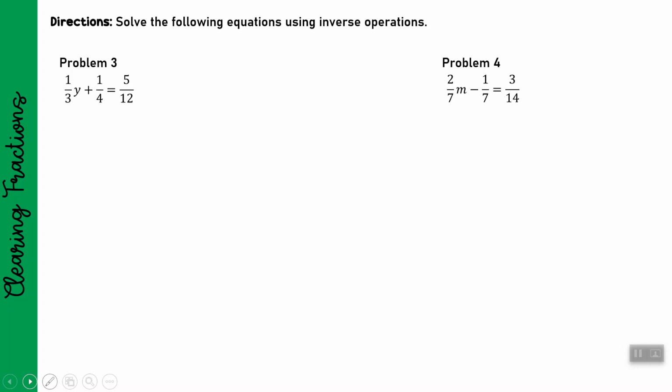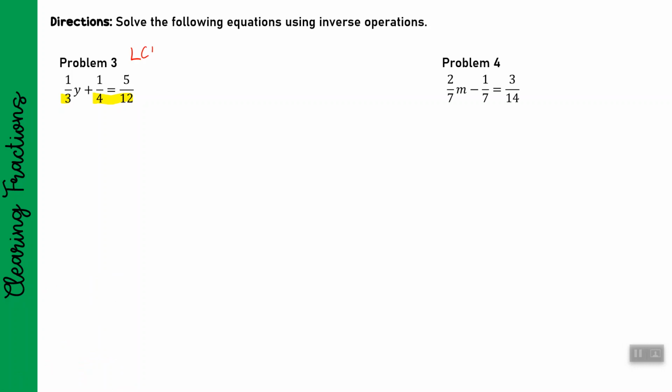So let's get rid of our fractions. When we do what we call clearing fractions, we first look at our denominators. What is the least common denominator? What number can I multiply 3, 4, and 12 into? Well, the least common denominator is going to be 12.